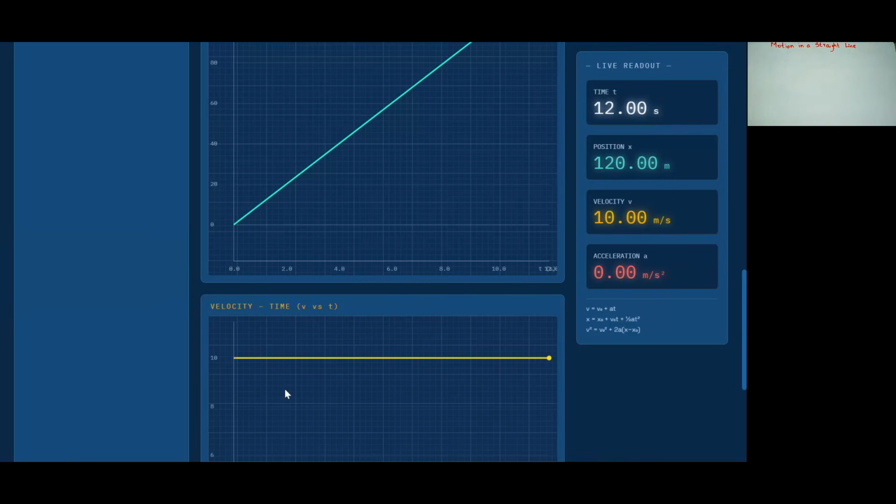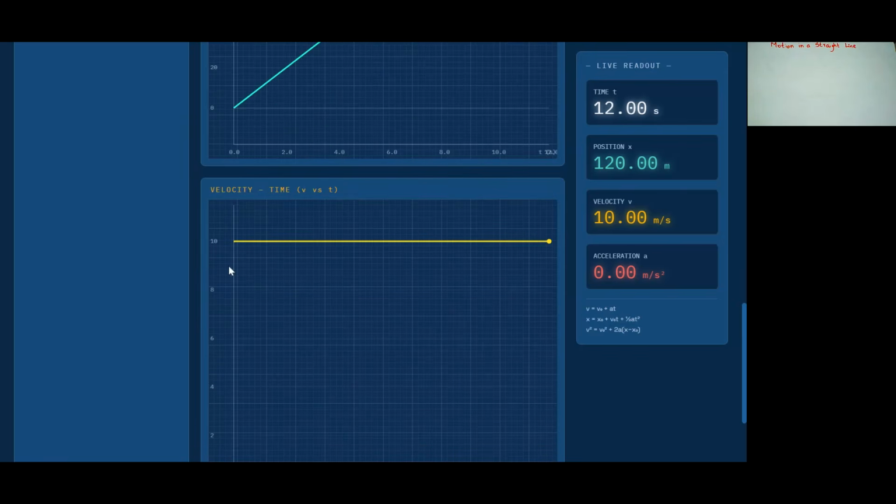But look at the new amber velocity-time graph below it. Completely flat, a horizontal line sitting steadily at 10 meters per second. Clear?